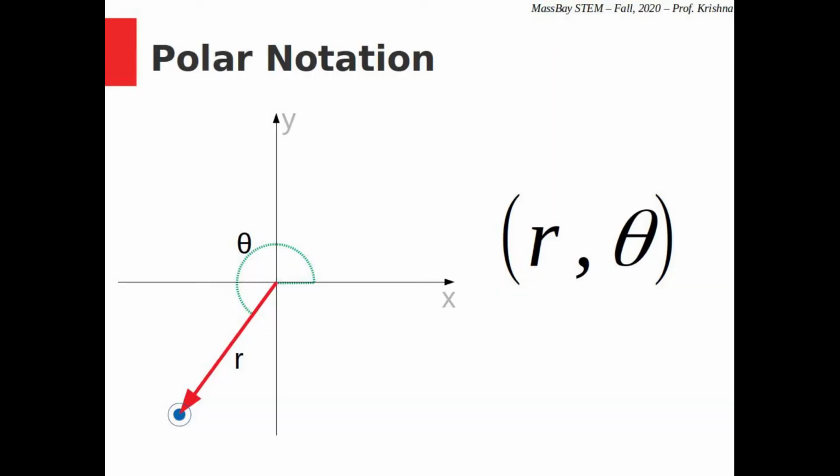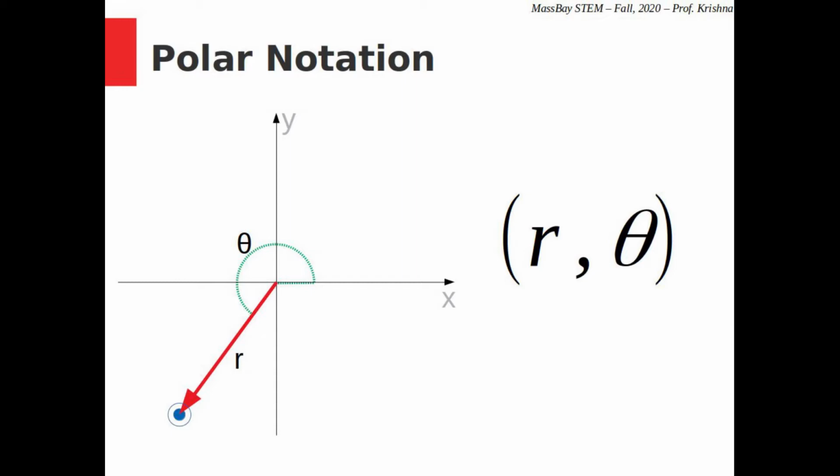Unlike rectangular notation, this system uses angles as well as distances. It's called polar notation. In polar, a vector is identified by its size and its orientation. The size is generically represented with the letter r, and the angle or the orientation by the Greek letter theta.